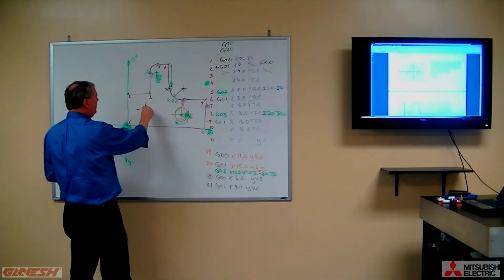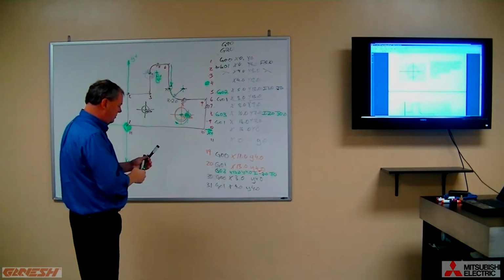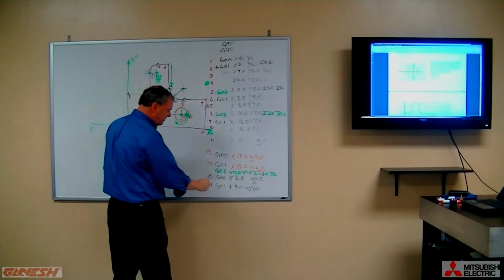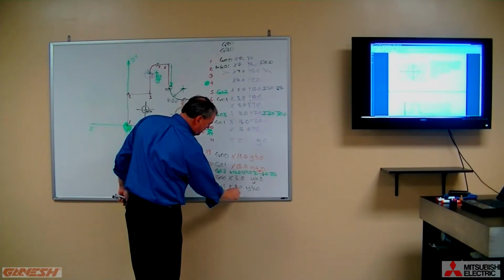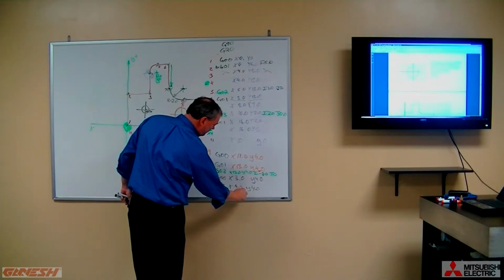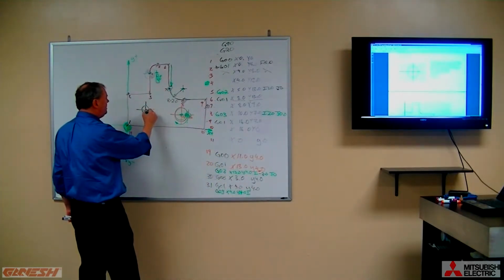So now our cutter is sitting right here, and we want to do another full circle. So all we do is go and repeat the same location we're at. So we just simply say G03, X4.0, Y4.0. Where's the I? This is our temporary location. Where's the center of the arc? It's right here.